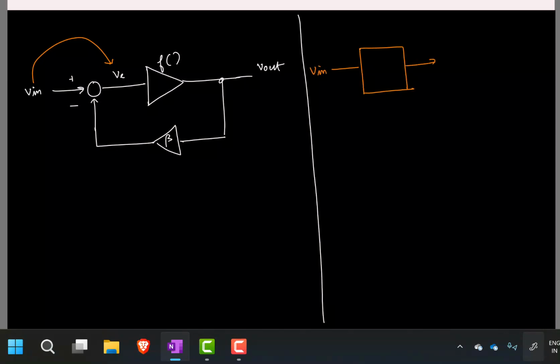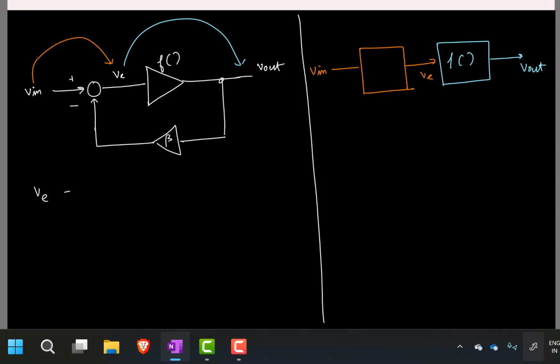V in is converted to some error signal first, and that error signal is then processed to get V out. Now I know the relation from error signal to V out, that is this nonlinear function. So let us try to find the relation between the input and the error signal. Okay.